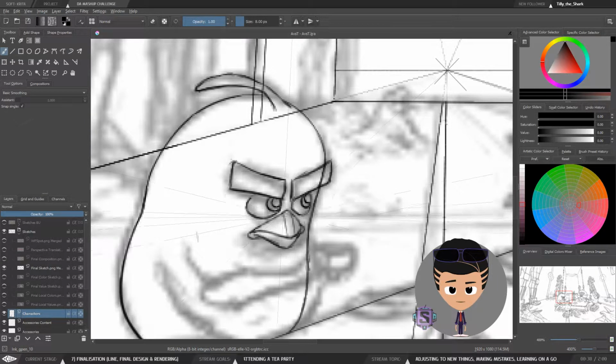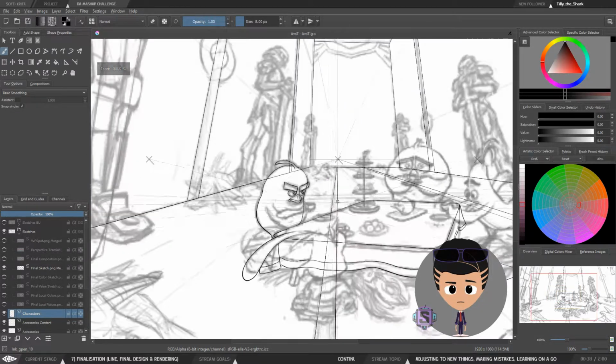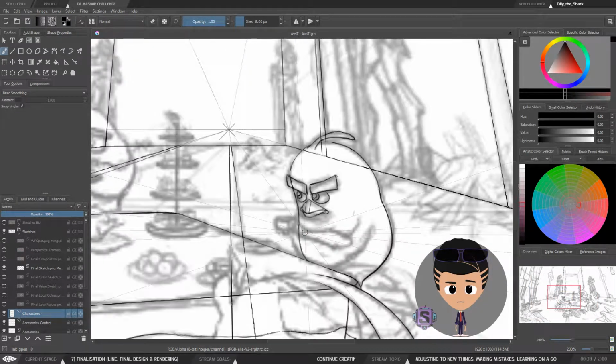Yeah, this beak is not an easy thing to properly establish, because it's going to look silly.